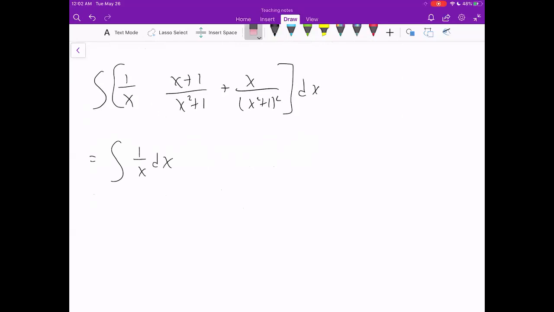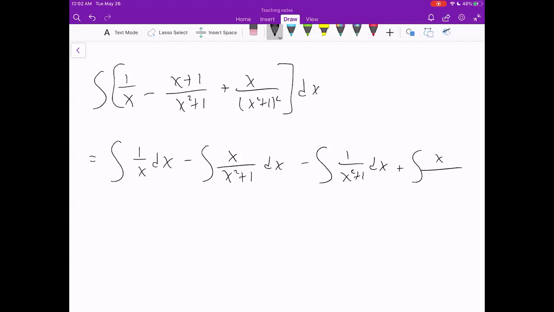And this minus sign is in front of the x plus 1, so when I split it up over those 2 integrals, I'm going to get minus signs in front of both of them. So I'm splitting up the middle term right now. This is x over x squared plus 1 dx. And then I also have the integral of 1 over x squared plus 1 dx from the plus 1 term, but it has a minus sign in front of it. And then the integral of x over (x squared plus 1) squared dx.